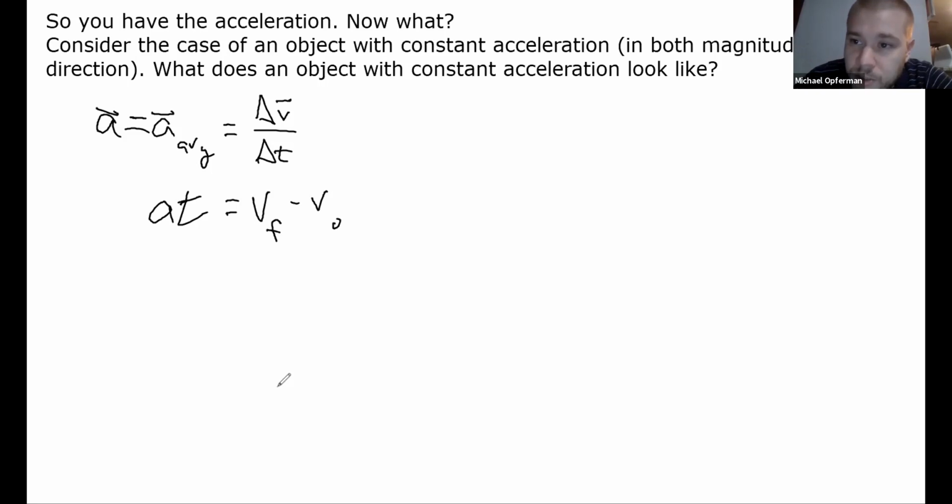In a similar spirit, but in a more convoluted way, you can write down a number of other equations which allow you to describe an object's motion when its acceleration is constant. Let me flip over to the PowerPoint presentation rather than try to copy all these equations down by hand.